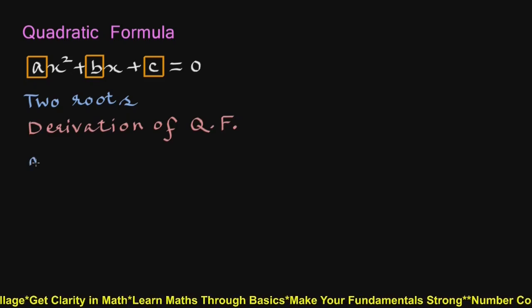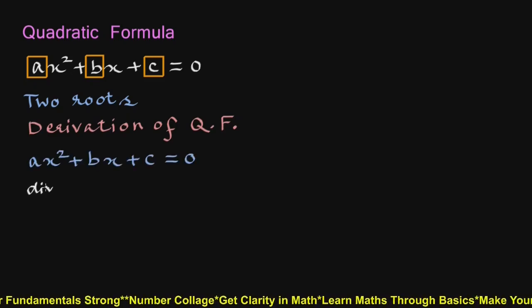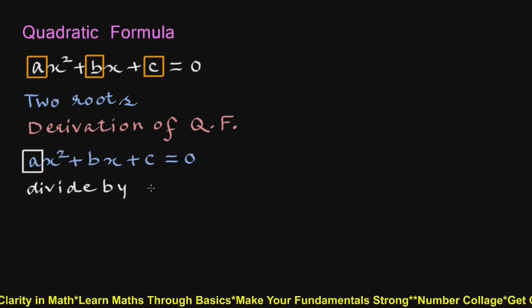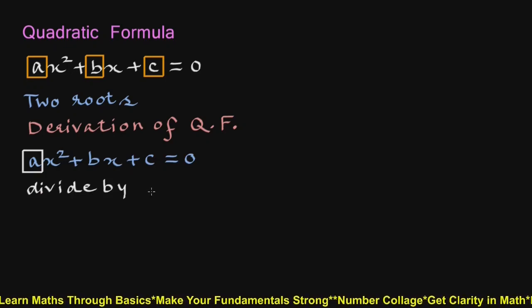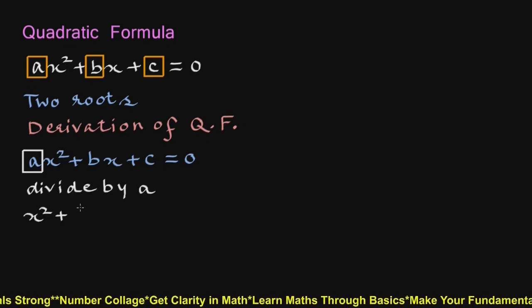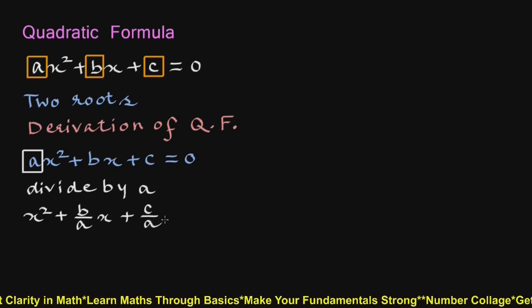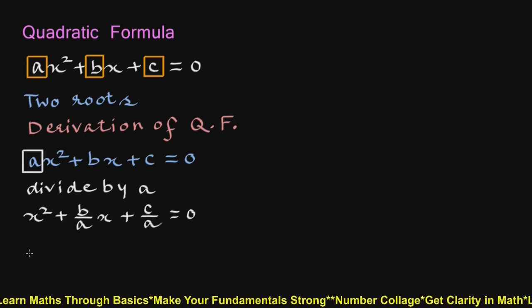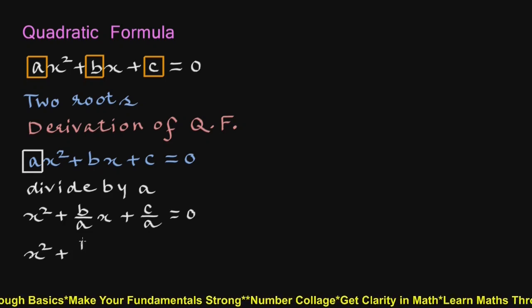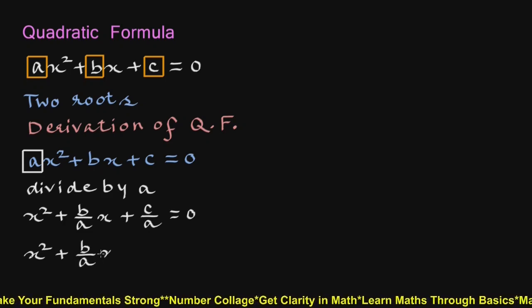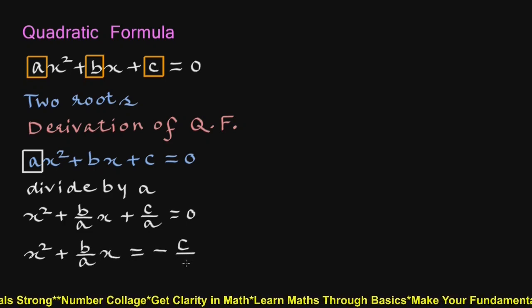We have the quadratic equation. We will divide throughout by this a to make the coefficient of x square 1. So it will be x square plus b upon a x plus c upon a equals 0. We write this as x square plus b upon a x equals minus c upon a.